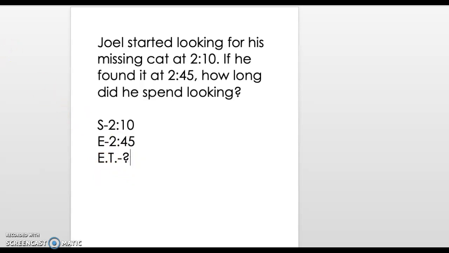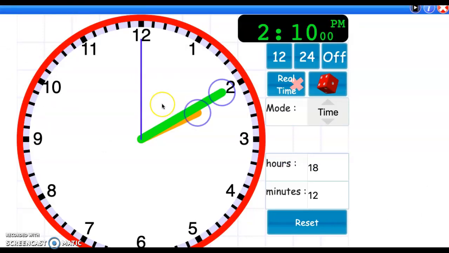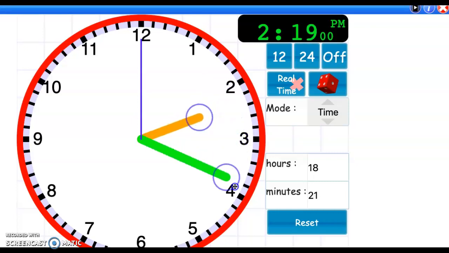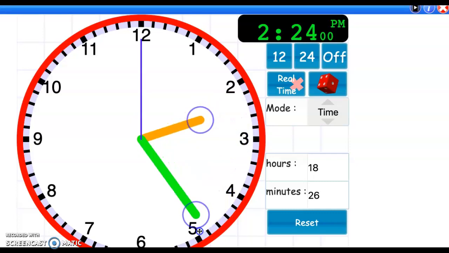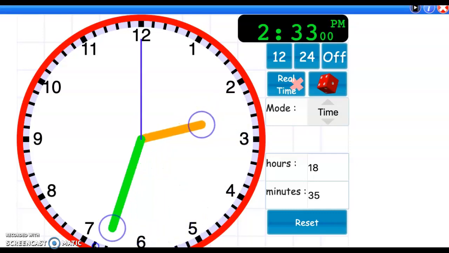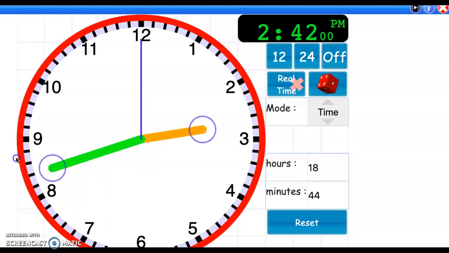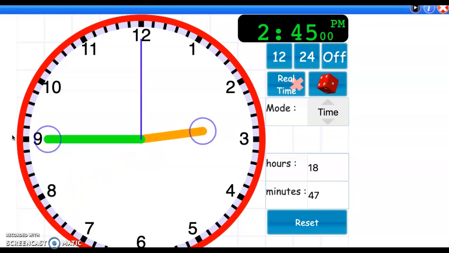Okay, so let's see if I can get to our clock. We want to go from 2:10 to 2:45. I already have it at 2:10 and we want to go to 2:45. So we're going to count by fives. Oh, it's not moving. 5, 10, 15, 20, 25, 30, 35.